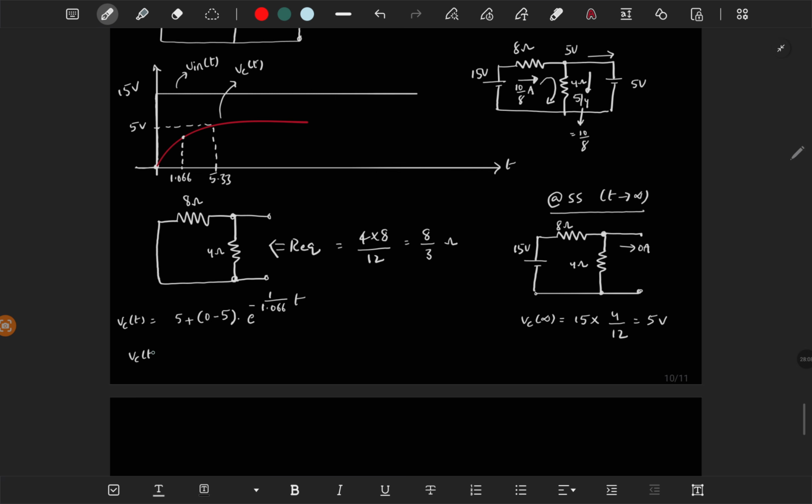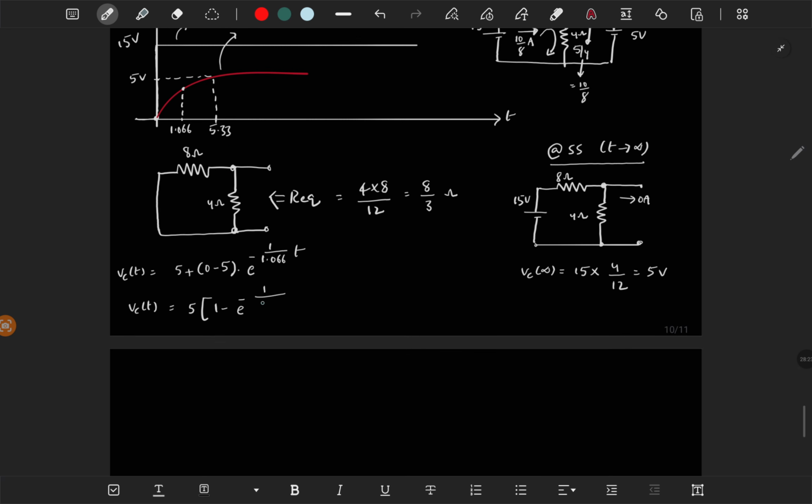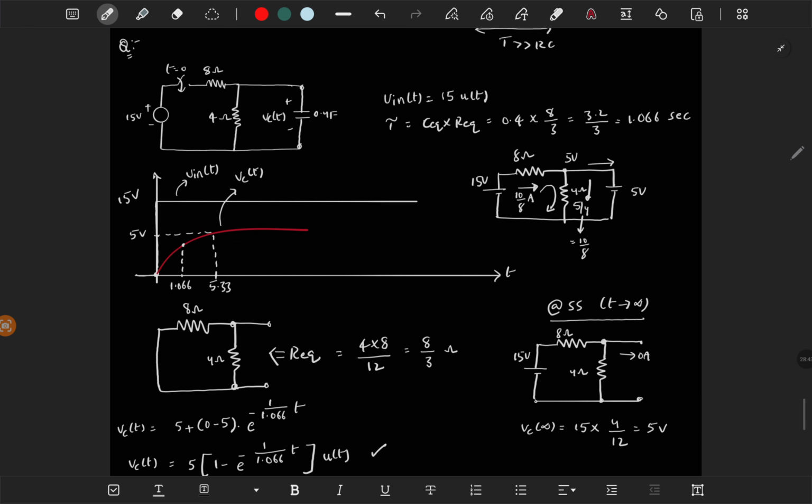So Vc of t is 5 times 1 minus e to the power minus 1.066 times t. This is only for t greater than 0, so we write u of t. For t less than 0, it is 0. So we will write like this.